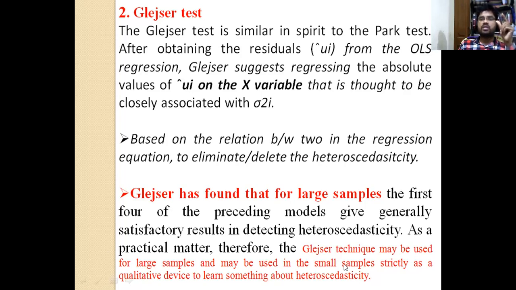It may be used in small samples strictly as a qualitative device to learn something about heteroscedasticity. You may learn how much heteroscedasticity exists, but you will not get accurate results in small samples.